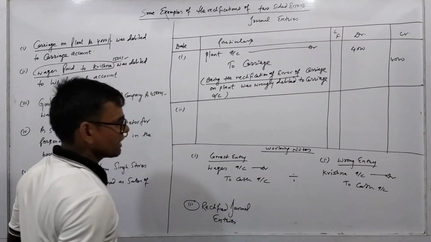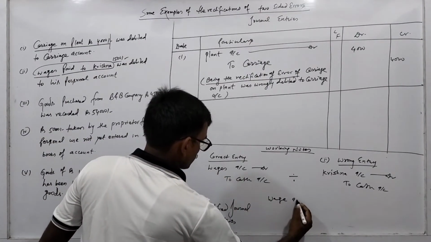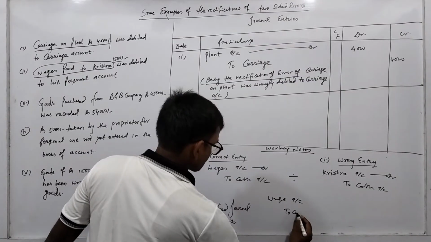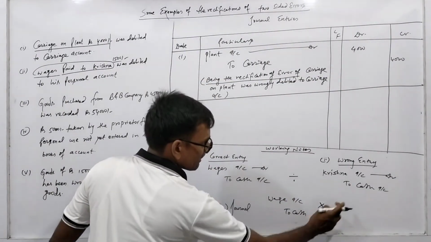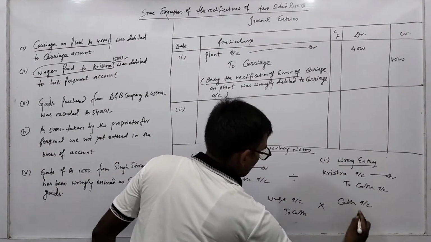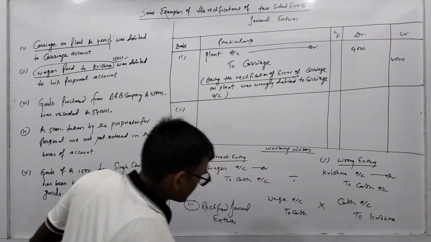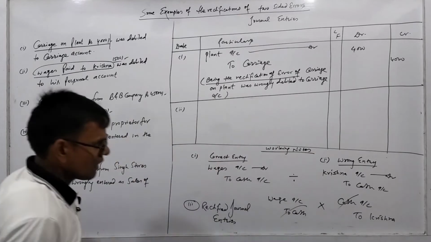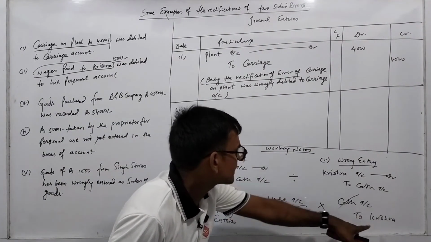And what are the rectified journal entries? You see, wages account debit to cash. Divide; if you change it into multiply, it will be sent off: cash account up and Krishna account down. Okay, you see, cash cancels, and what will be remaining there? Wages account debit to Krishna account.